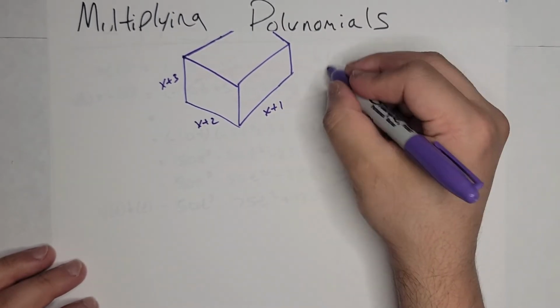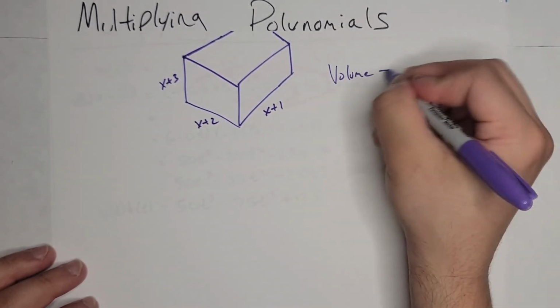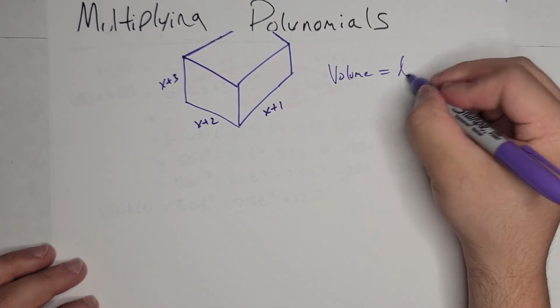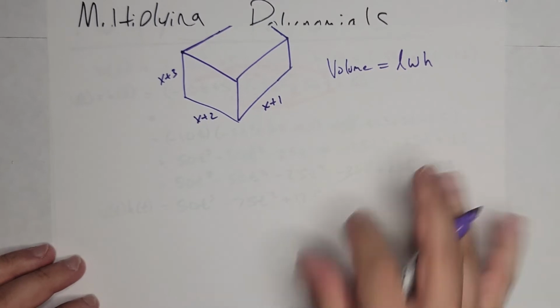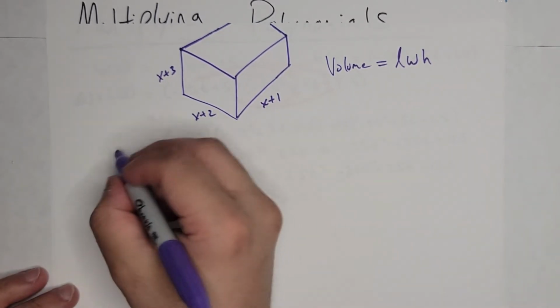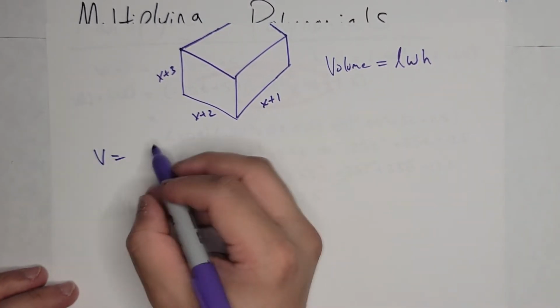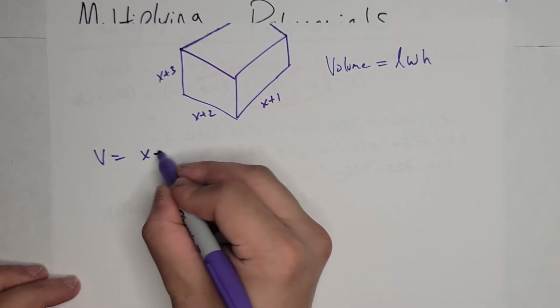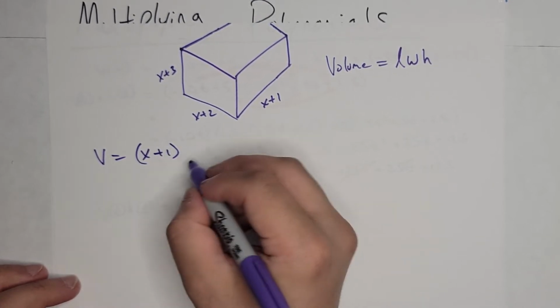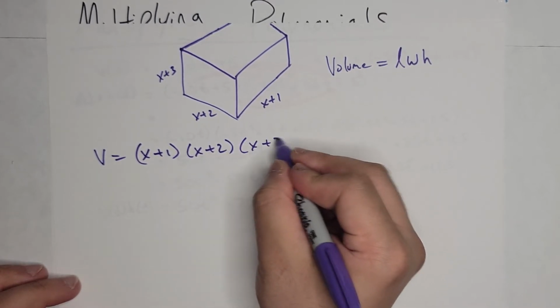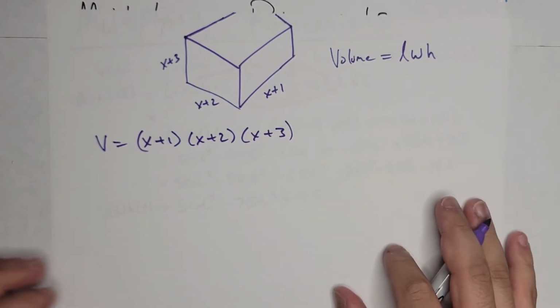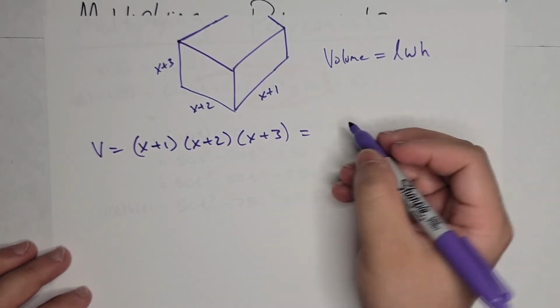Now I want to find the value which is equal to length times width times height. So I'm just going to multiply this.